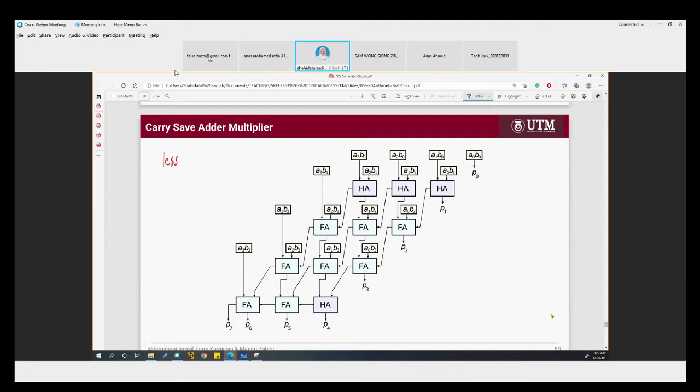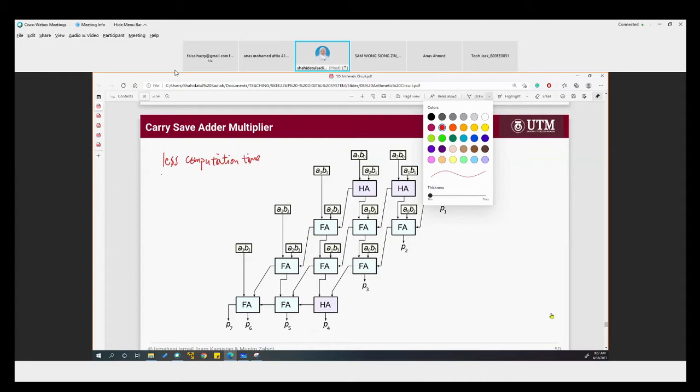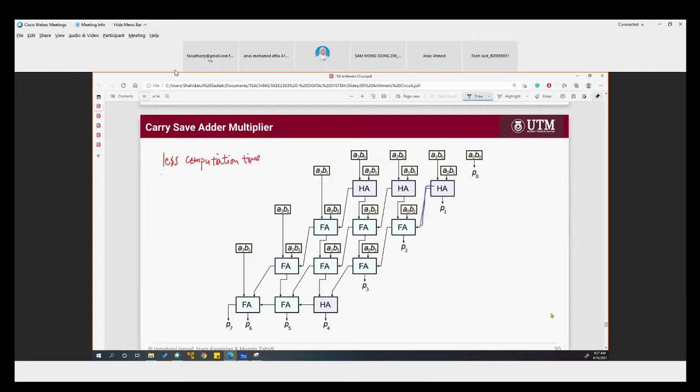The computation time is less, because the carry is not rippled, but instead the carry is brought to the next adder, saved as the carry vector.